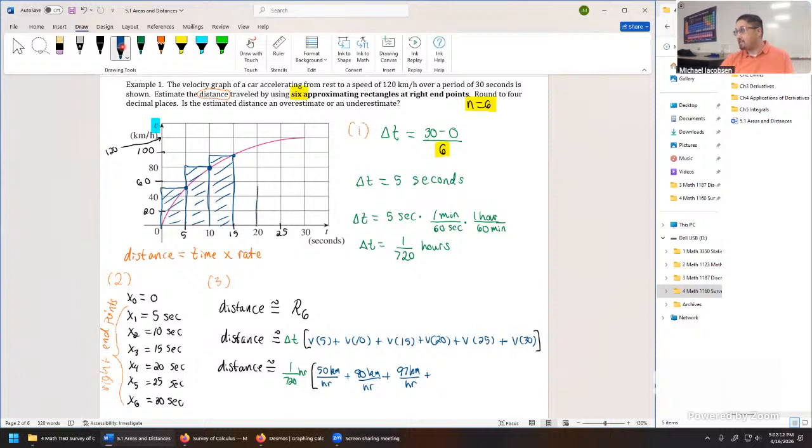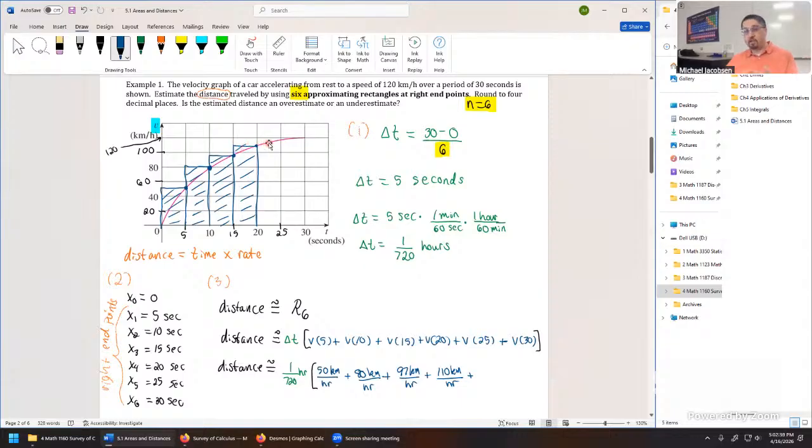At 20 seconds, we have this height. The rectangles keep on getting higher and higher, following the height of the velocity curve. This height looks like it could be maybe 110 kilometers per hour. So all that blue area is now represented as distance. This one's a tiny, tiny overestimate.